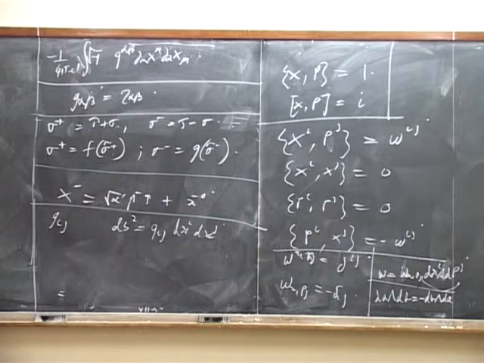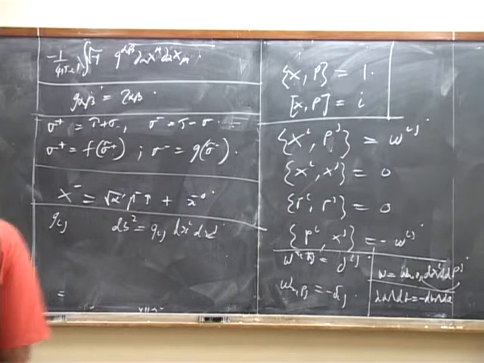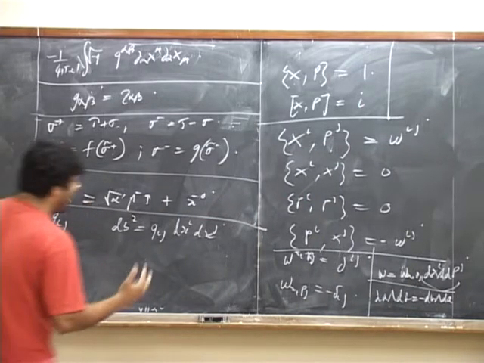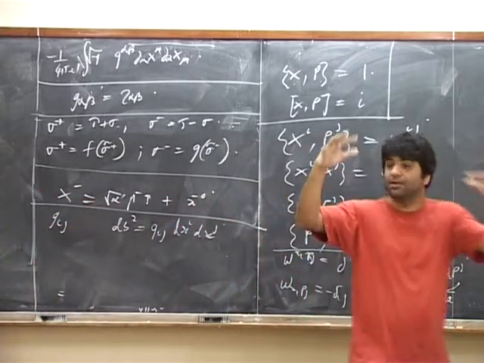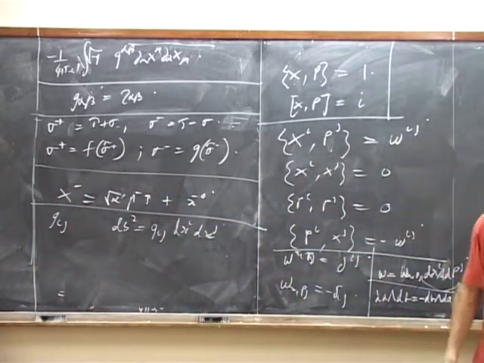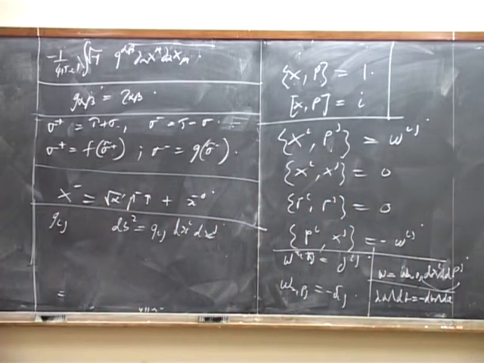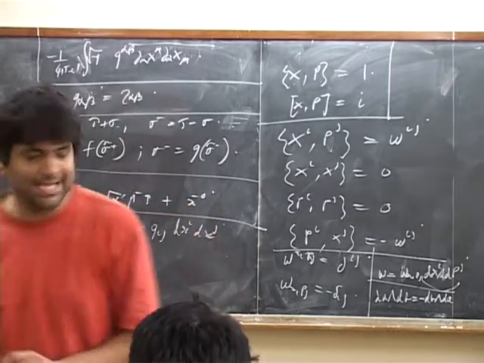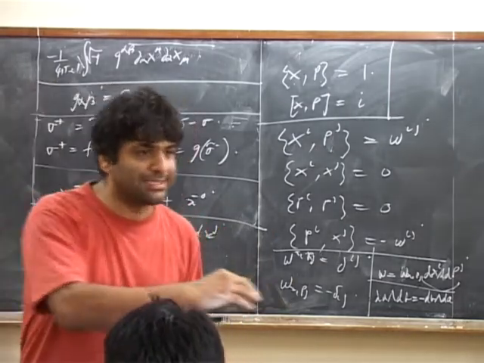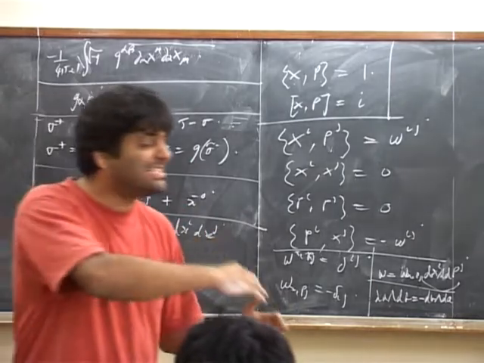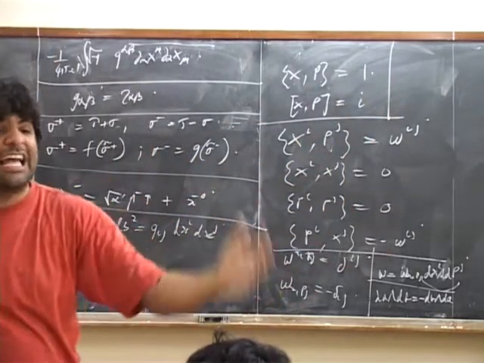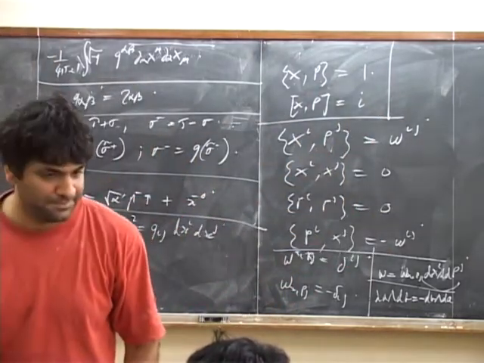Now, why have I told you all of this? I've told you all of this because there's a very nice way of thinking of the symplectic structure, the Poisson bracket structure of classical theory. As we discussed in the previous class, a good covariant way of thinking of phase space is to think of it as the set of all classical solutions of the system.